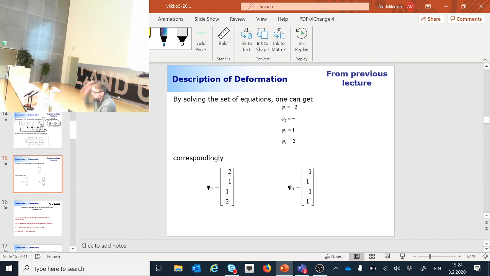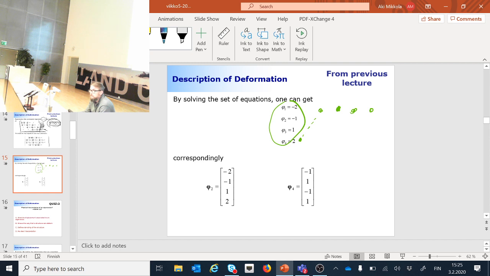Okay, let's take a look. So here is my original structure. Based on these results, I can tell that the first node, this one here, is moving in the minus direction, 2 units.